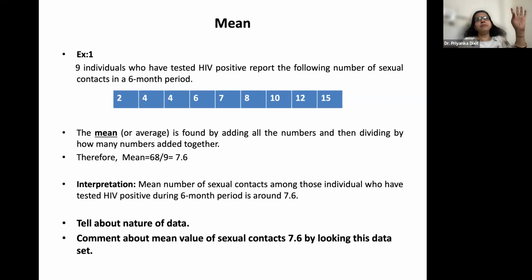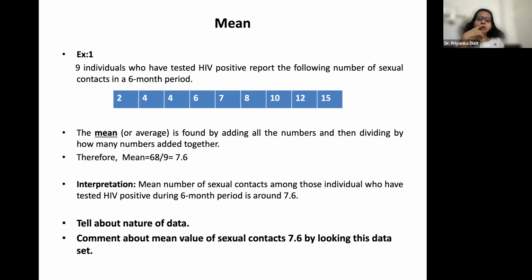But if our variable is in categorical form, let's say sex of the individual, can we apply mean? Can we apply median? We cannot apply median. Why? Median is applicable in categorical data only if the data is in ordinal form. If I'm talking about male, female, we cannot apply median. What about mode?